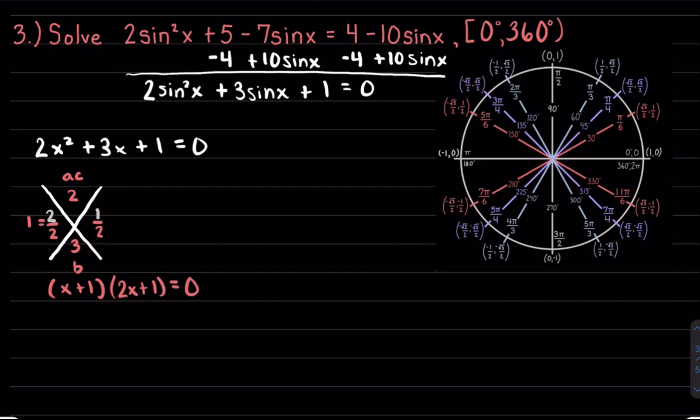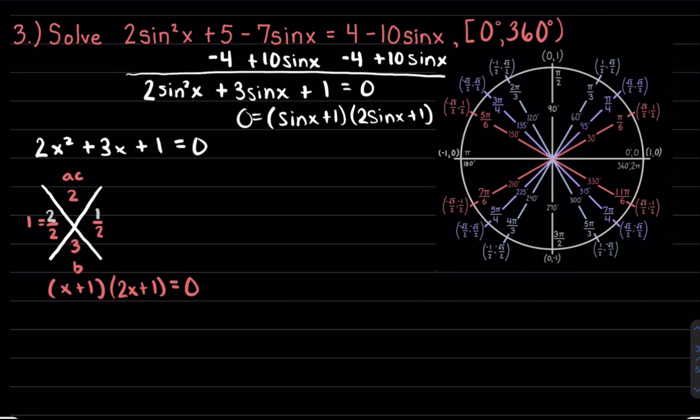So now, instead of saying x, I can plug back in the fact that it's sine, and say that factors to sine x plus 1 times 2 sine x plus 1 equals 0.